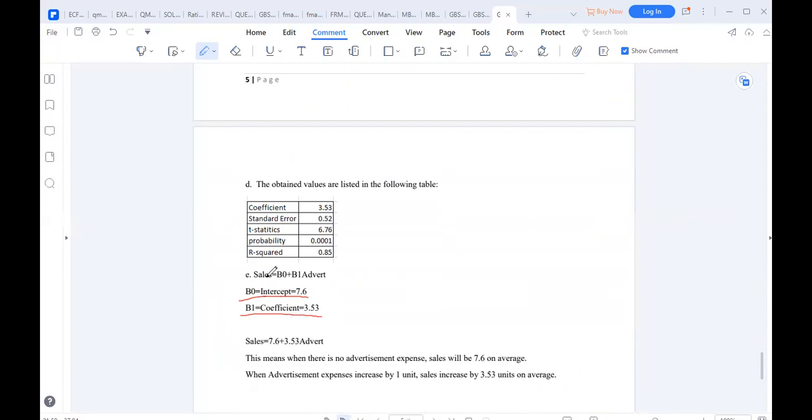Now, when we put it in the equation, y is equal to a plus bx, it gives us the equation. Y we know is sales. So sales is equal to 7.6 plus 3.53 of advertising.